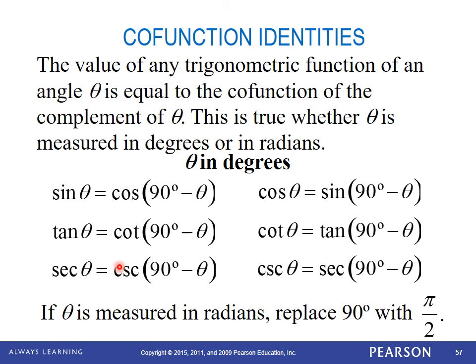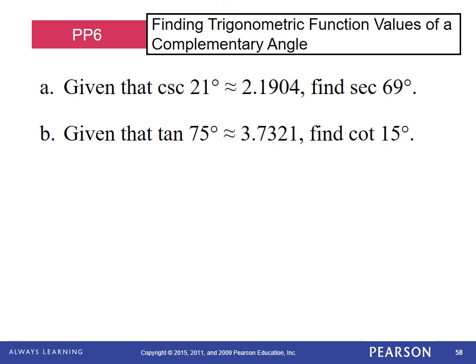So let's practice just a little bit with this. Given that cosecant of 21 degrees is 2.7904, can you find secant of 69 degrees? You're just practicing, that's all you're doing. And then we'll do B as well.